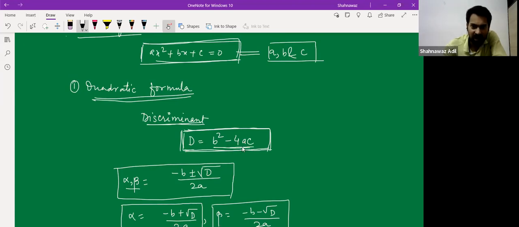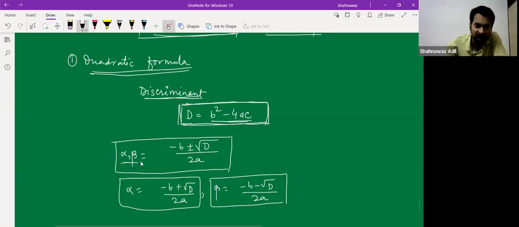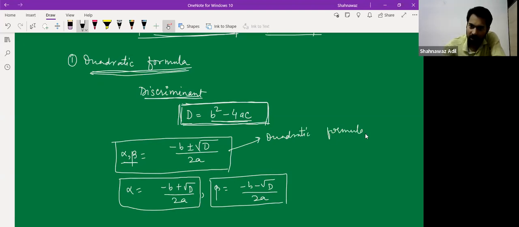And if we know the discriminant, then we can calculate the solutions for this quadratic equation, which are alpha and beta, from the quadratic formula. So Madhya and Hamad, please note down this part.